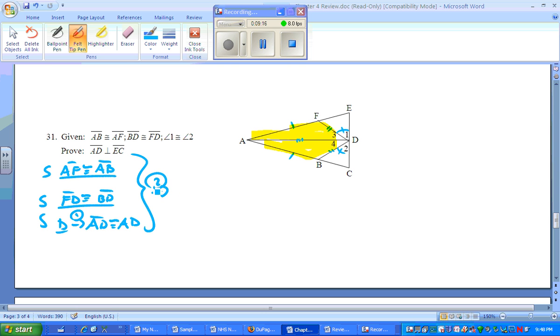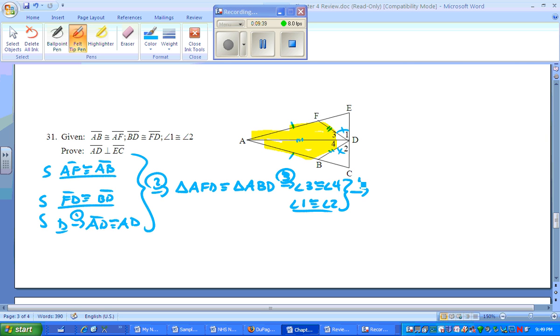This together gives me triangle AFD congruent to triangle ABD, which then we can state reason 3, angle 3 congruent to angle 4. Now we can bring in angle 1 and 2.